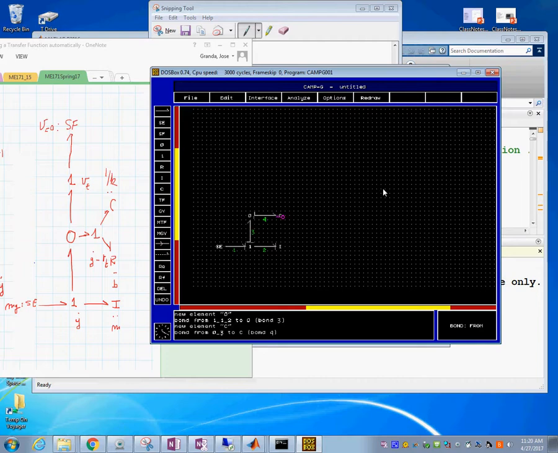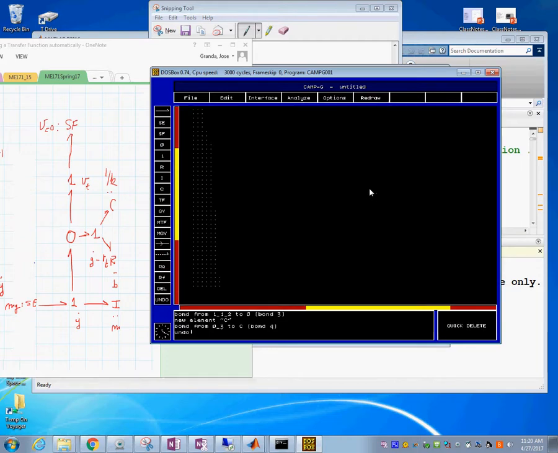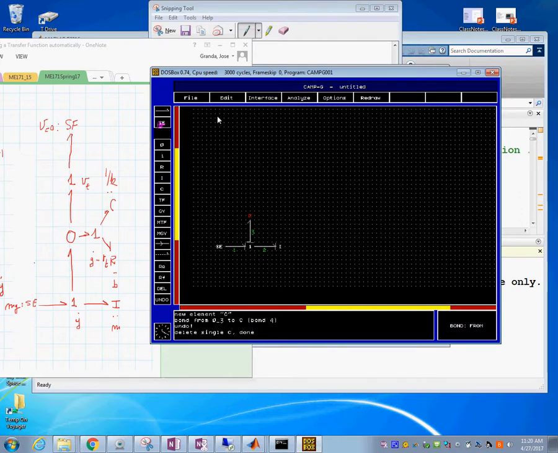Also, I apologize, I missed the one junction in here that I had, and then I have to put the C and the R element. Then we're fine, like this.